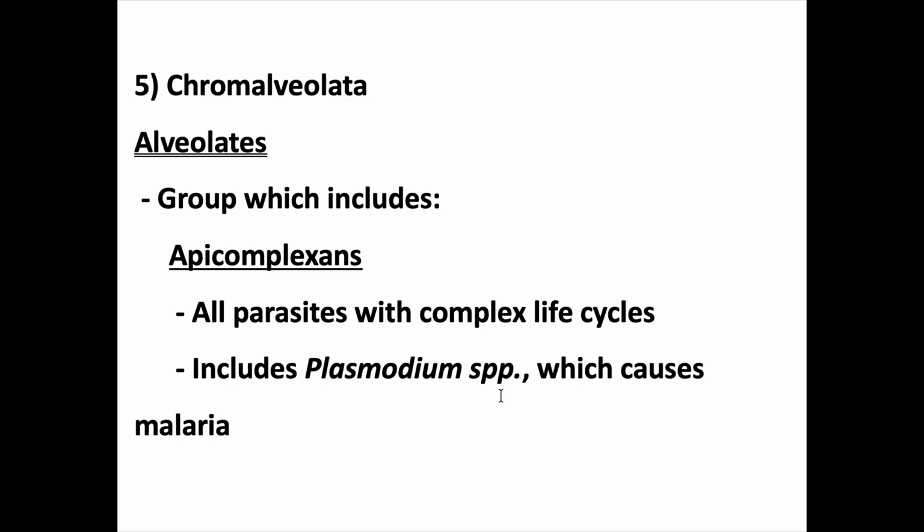Plasmodium is the genus. spp. is not a particular species. When we see this abbreviation, it means several species within this group. So Plasmodium falciparum is one of the big ones, but there are several different species within Plasmodium that cause malaria. So when we want to refer to several species, we use spp. Anyway, it's an apicomplexan.